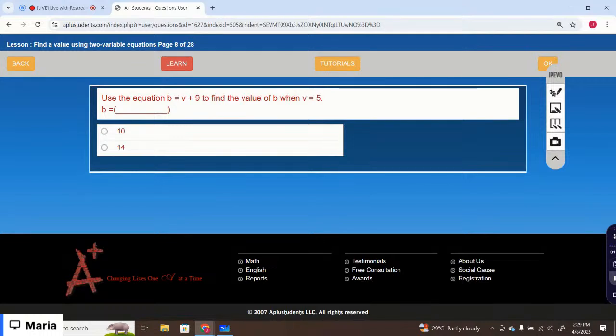Use the equation b equals v plus 9 to find the value of b when v equals 5. That is 14. Option number 2 is the correct option.